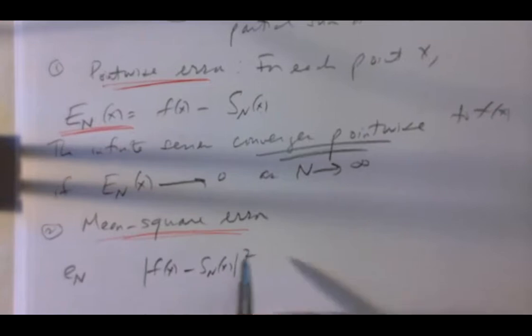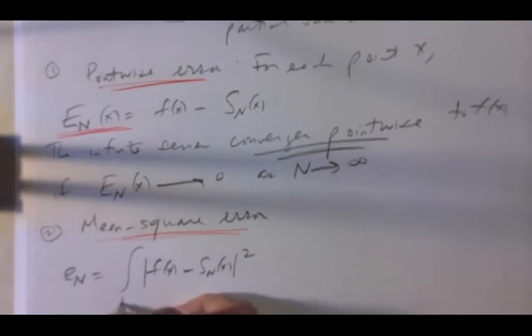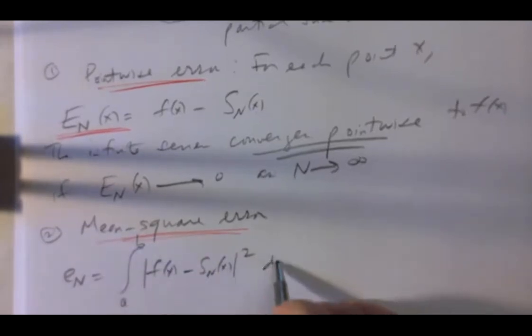It can be positive or negative. We don't want positive errors and negative errors to cancel out. So the easiest way to do that is to take the square and integrate that or average that from A to B. So this is what is called the mean square error. It's kind of an average of the error.